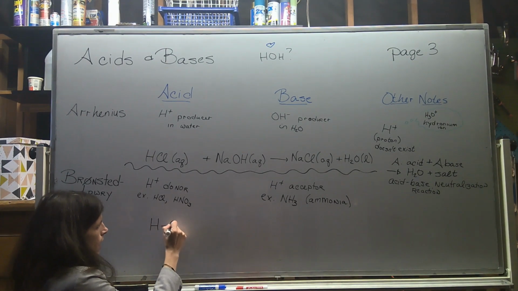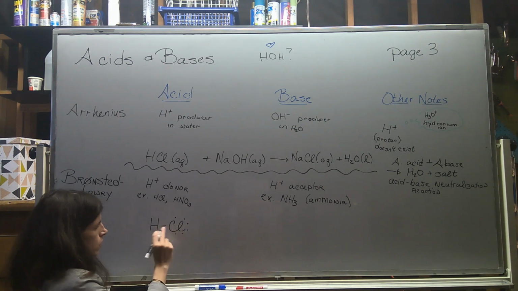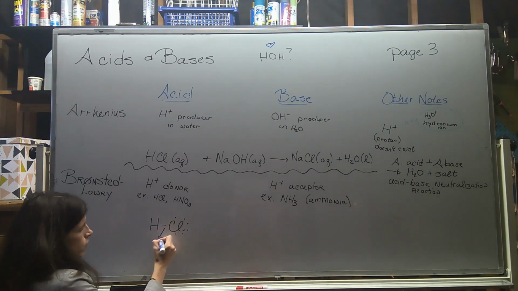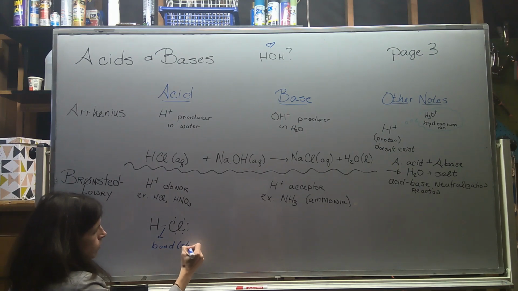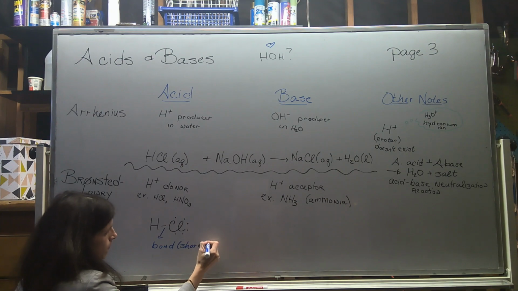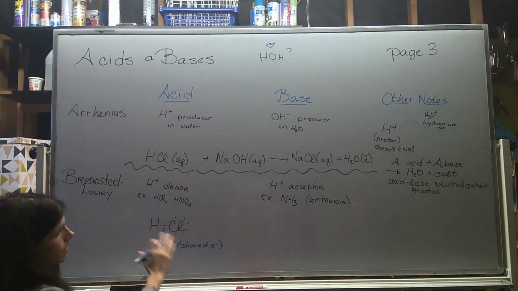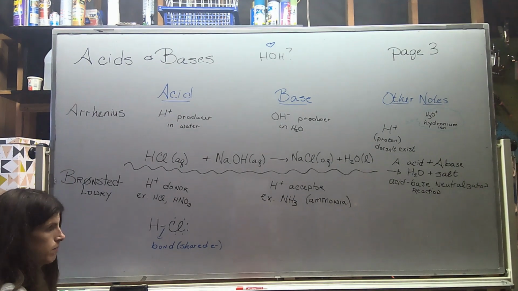I'm going to draw it as a Lewis dot structure. This line in the middle is a bond, and it represents shared electrons. You're going to learn how to draw the Lewis dot structures in a couple weeks here. But for now, I just want to give you some insight into how ammonia acts as an H plus acceptor.